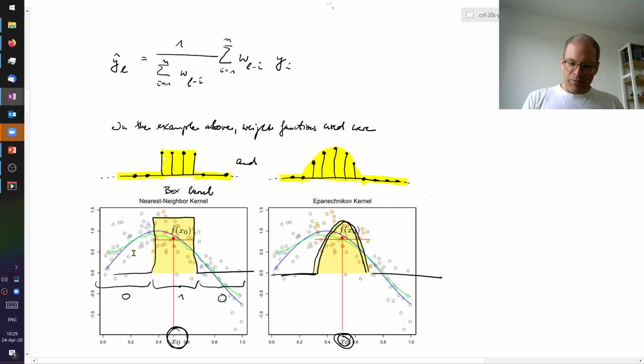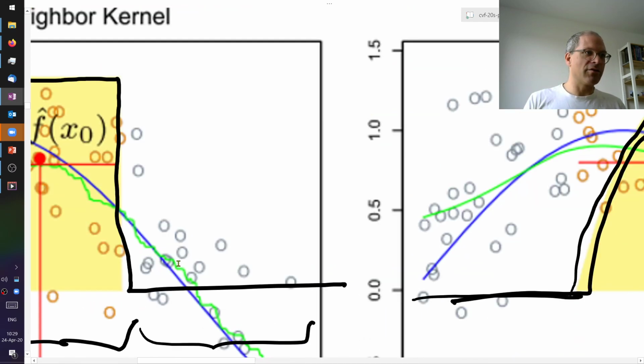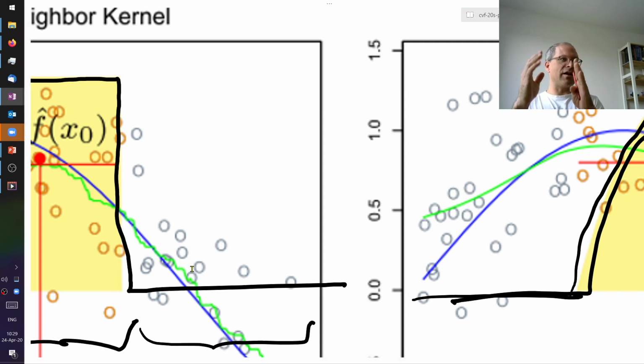And then we end up with these estimates, which from a distance look the same. If I don't zoom in, I have a green line here, which looks broadly like the green line there. But if I do zoom in, notice the strong differences. Here I have these tiny steps. Namely, as I move my box, there are observations entering my window and leaving my window. Each time that an observation enters or leaves the window, I get a small kink in my estimate.